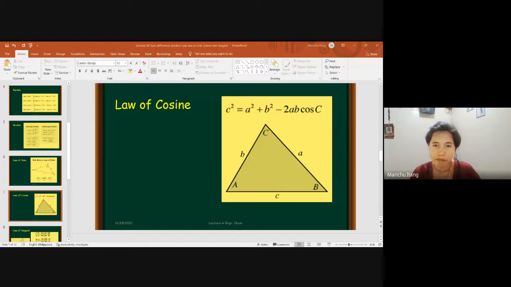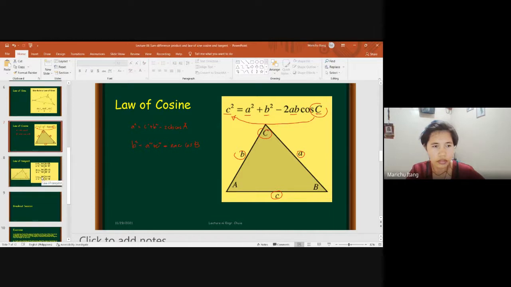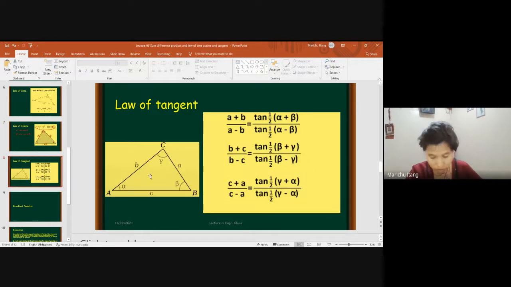For the law of tangent, you can either memorize it, or just apply the law of cosine and the law of sine and come up with the same answer. No need to memorize the law of tangent.